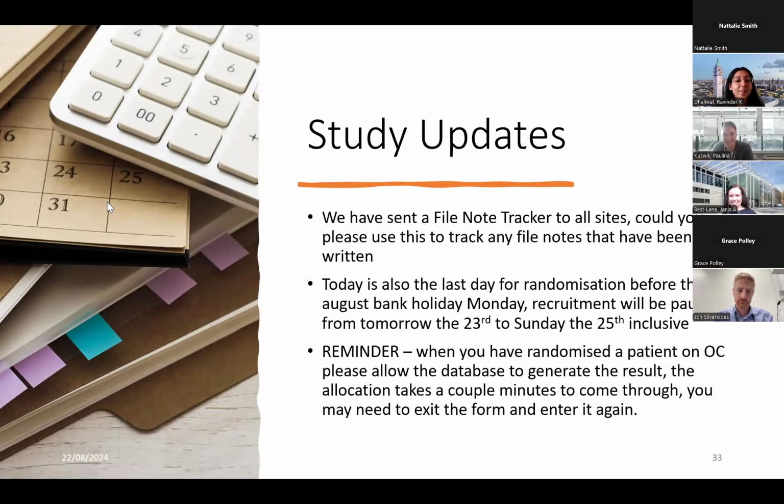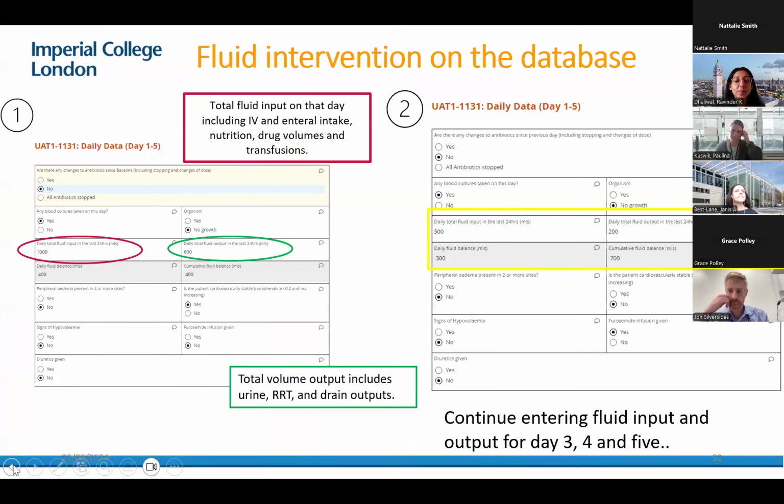Hi, yeah. So just with the fluid, the thing that I've found with the last 2 patients that we've randomized is when they go to the wards, obviously fluid balances aren't calculated quite as well as they would be on ICU. So the struggle I'm getting is, what do I put in? Because I've had to put a comment saying not really available. Yeah, this is the challenge, I think, Natalie.